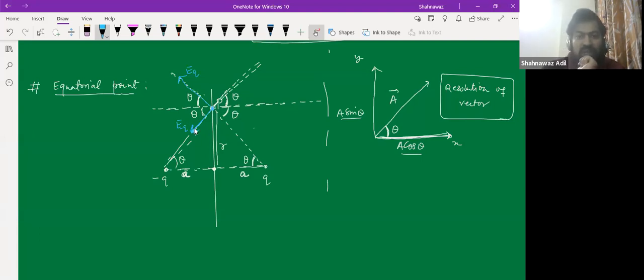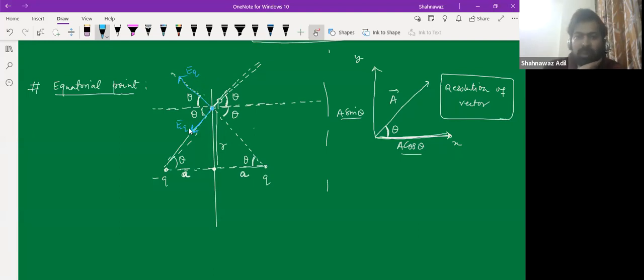So now what we can see is the electric field, right? Because this is not in some X and Y direction, these are some arbitrary directions. So we have to write it in X and Y components, right? So this is EQ, this is E minus Q, right?